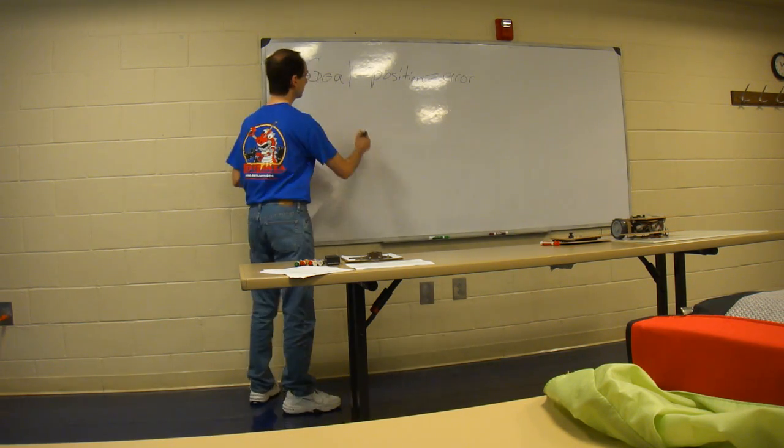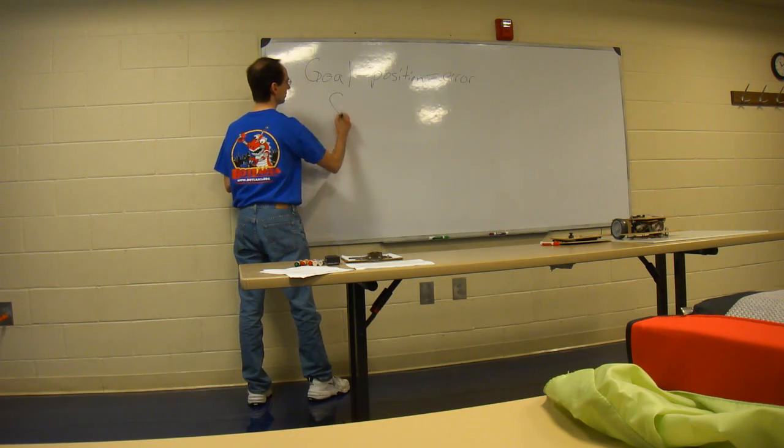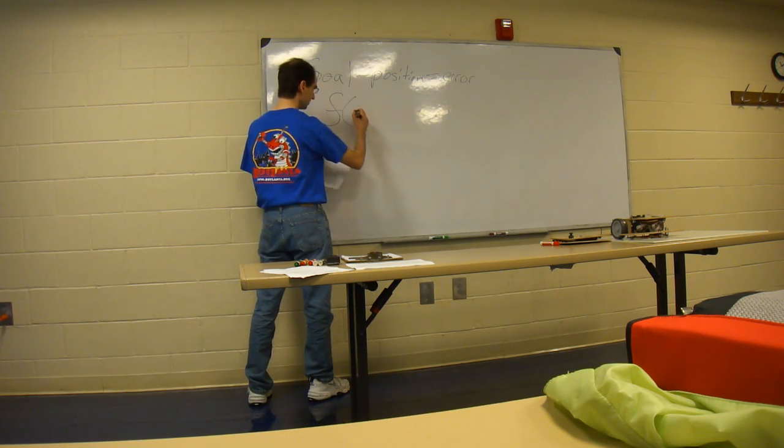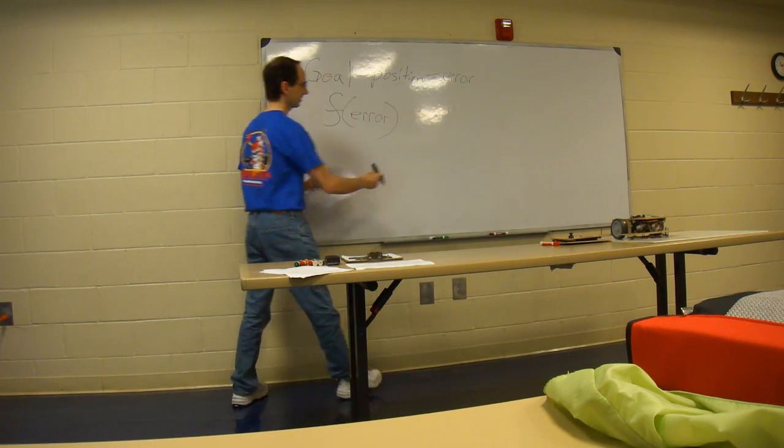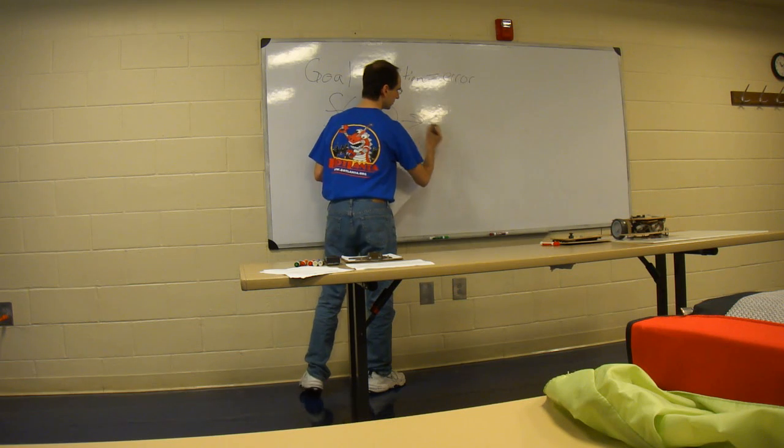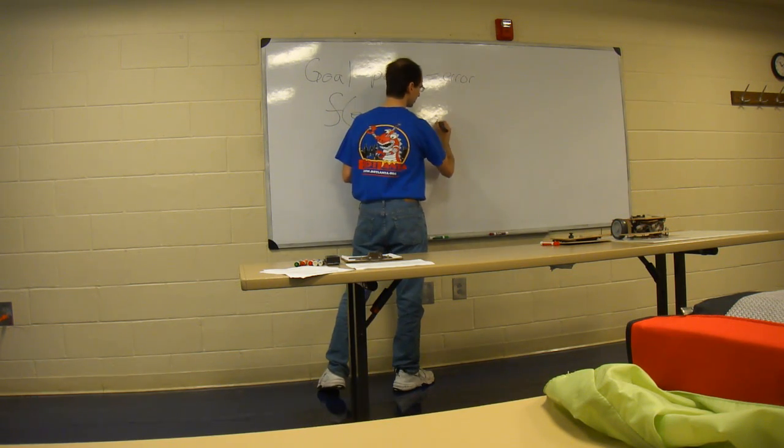Okay, so what we would do is take that error and apply a mathematical function. And that mathematical function we're going to output to our actuator.